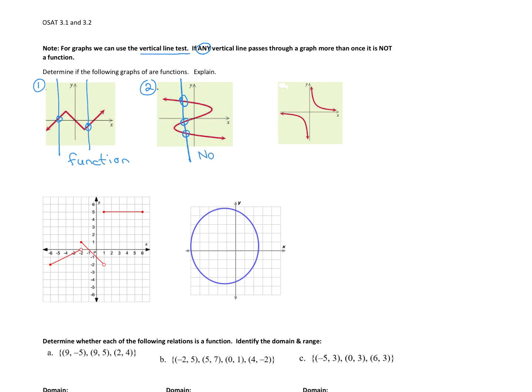So this is not a function. For number 3, no matter where I draw my vertical line, it's only going to cross once. So this one is in fact a function.